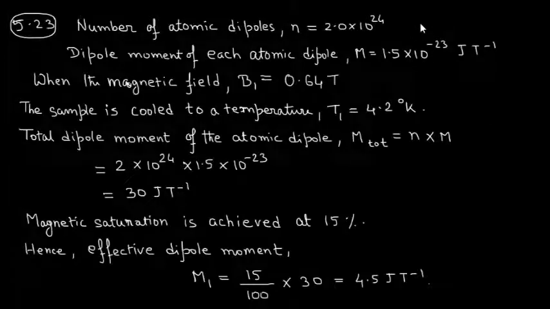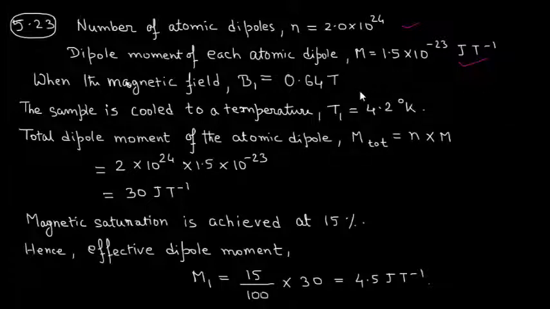So the 5.23 solution: the number of atomic dipoles N is equal to 2.0 into 10 to the power 24. The dipole moment of each atomic dipole, capital M, is equal to 1.5 into 10 to the minus 23 joule per Tesla.